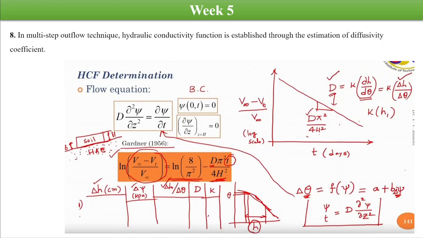In the multi-step outflow technique, the hydraulic conductivity function is established through the estimation of the diffusivity coefficient. So we need to find if this statement is correct. Let's see what happens in the multi-step outflow technique. In the multi-step outflow method we use this Gardner equation, right?